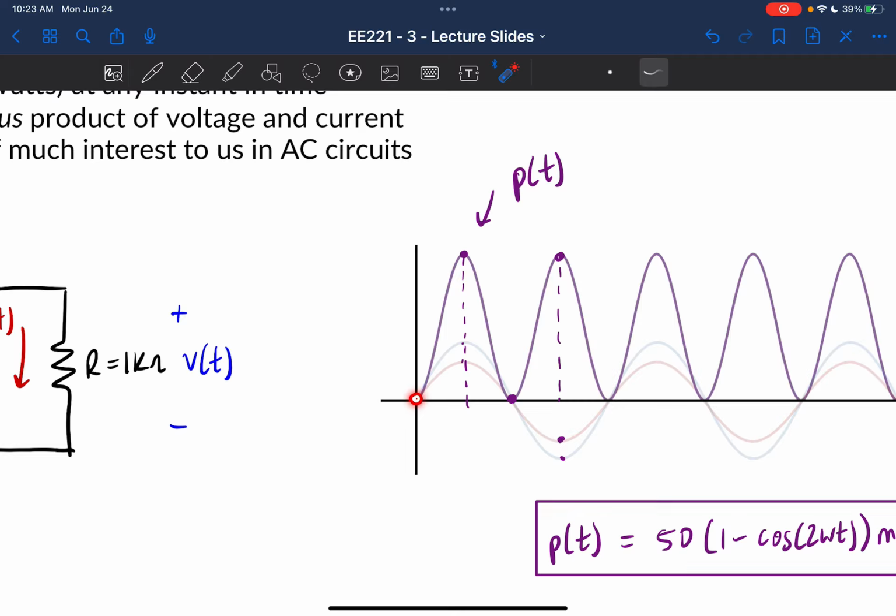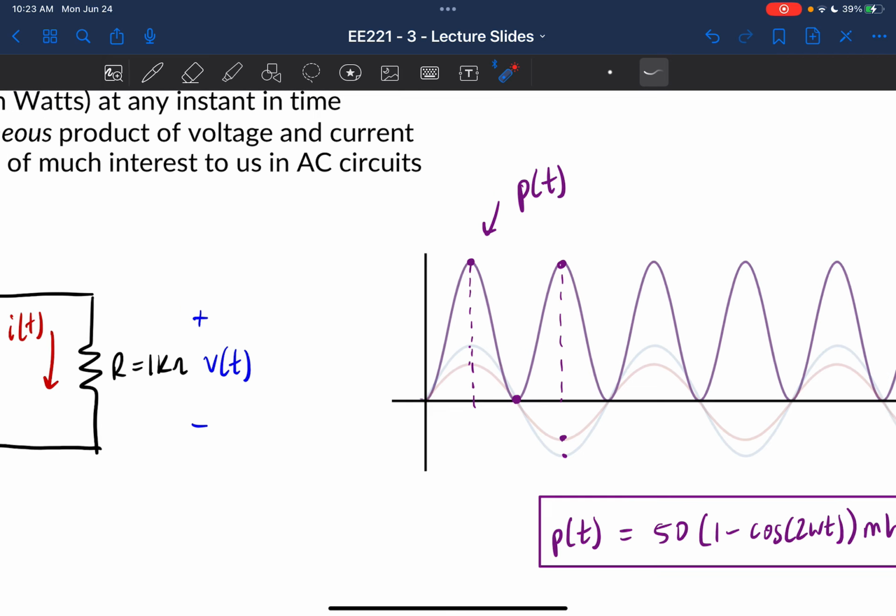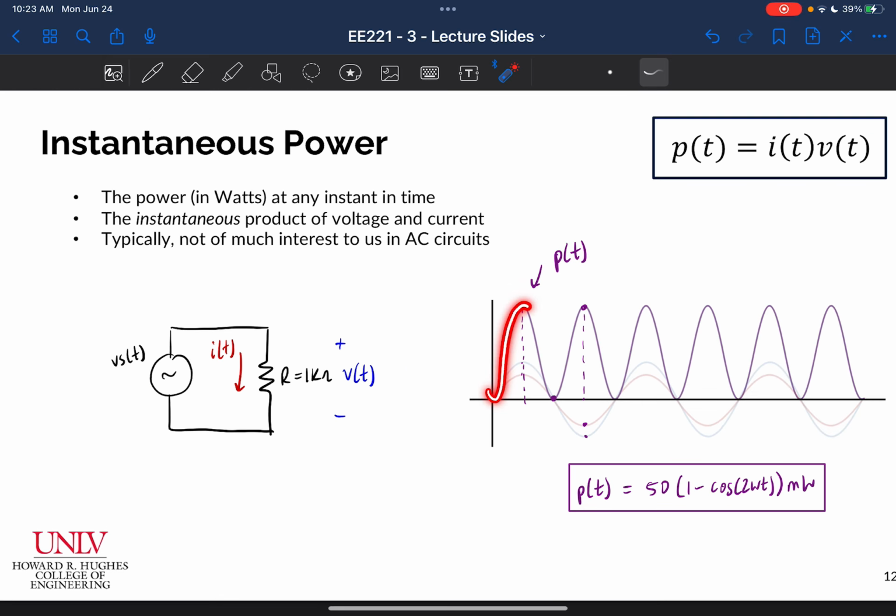Again, when the voltage and the current are 0, the power is 0. When the voltage and the current are maximum, the power is maximum. And then when the voltage and the current are negative maximums right here, I guess you could call them minimums, but they're really negative maximums, we get a maximum for power as well. And that right there is the proof that my power signal is 2 times the frequency of my original signal.